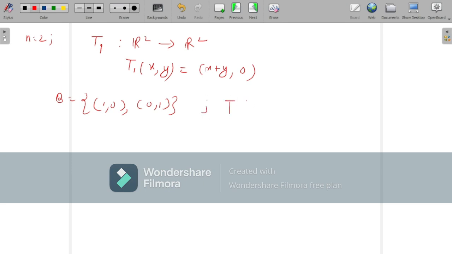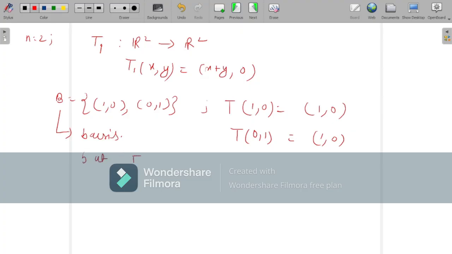Then T of (1,0) is (1,0) and T of (0,1) is (1,0). See, B is a basis, but T of B, that is T of (1,0) and T of (0,1), is not a basis, as these two are linearly dependent.